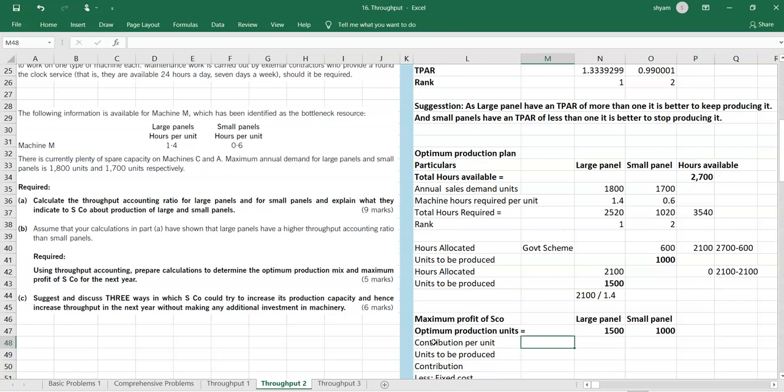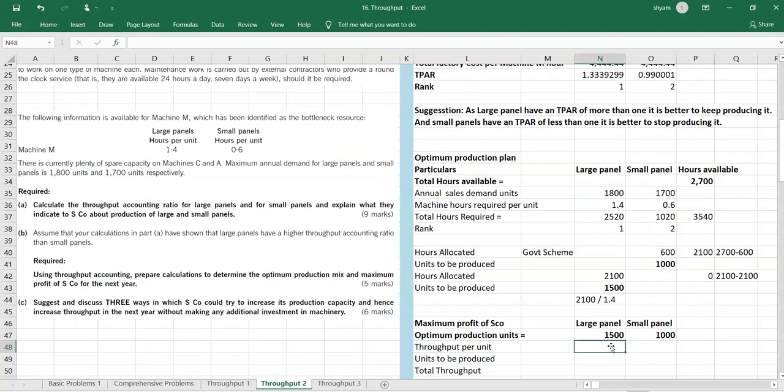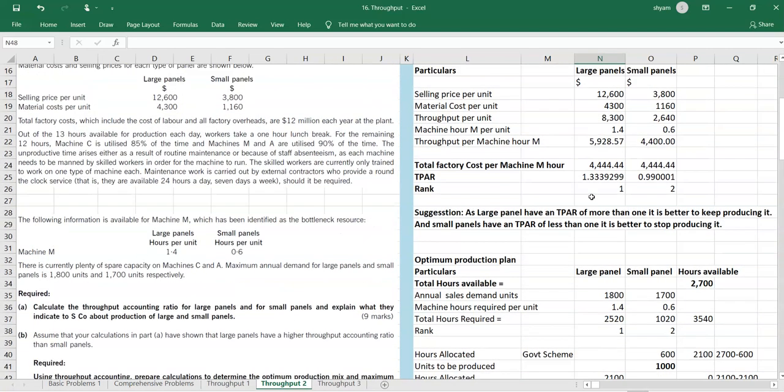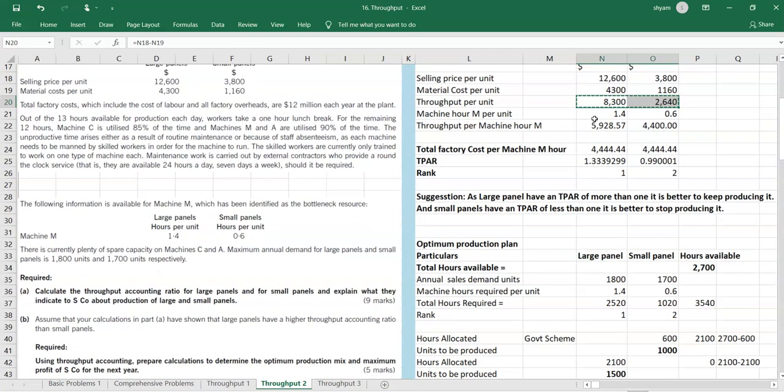Okay, throughput per unit would be, we can calculate it like this. It was available here, so we have the number here. Throughput per unit are these numbers.